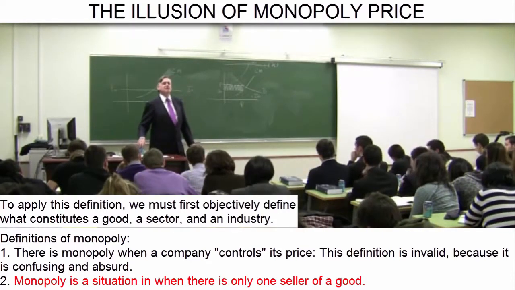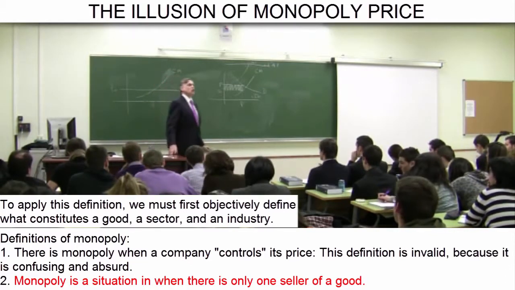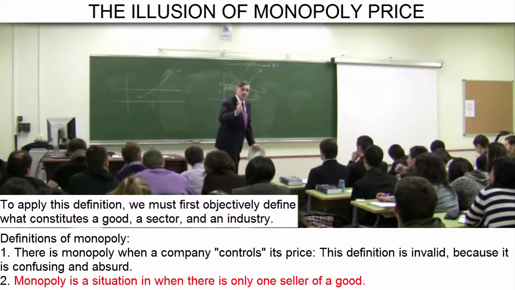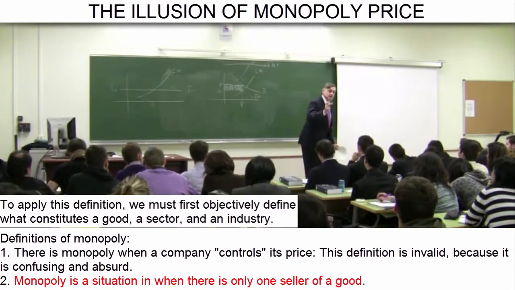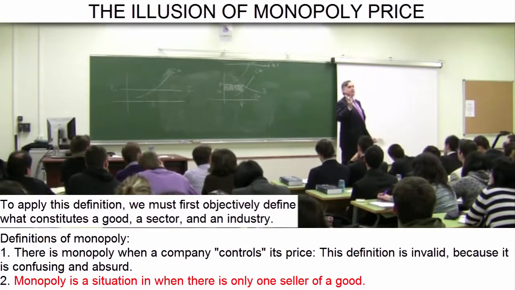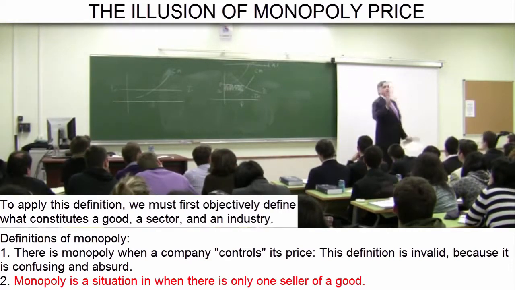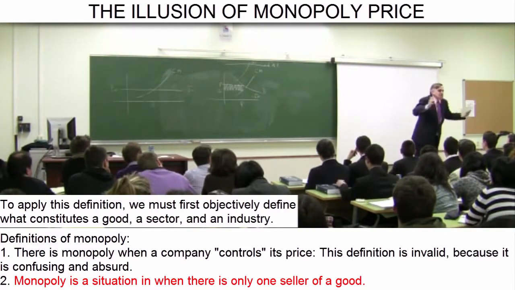If we are restrictive enough, Coca-Cola will have a monopoly. If we define the sector as soft drinks, which are dark, carbonated colas, advertised with, in the end, only Coca-Cola will be left in this sector.